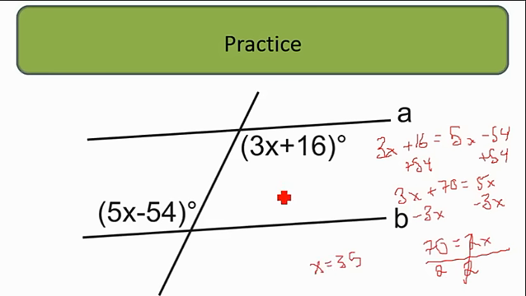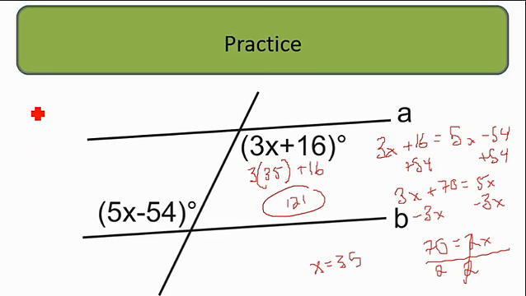If I substitute x back in to both of the expressions to check to make sure my answer is correct, both of those angles should be equal in measurement. So if I substitute 35 into this angle, I get 3 times 35 plus 16, which will give me 121 degrees.